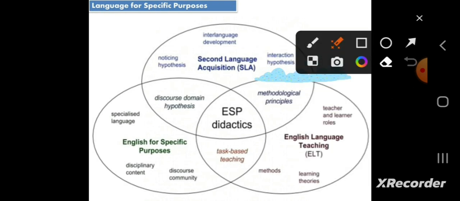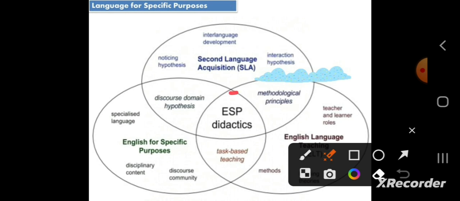English language teaching: the practice of teaching English to non-native speakers, encompassing various methods and approaches. Second language acquisition, SLA: the process and study of learning a language other than one's native language.